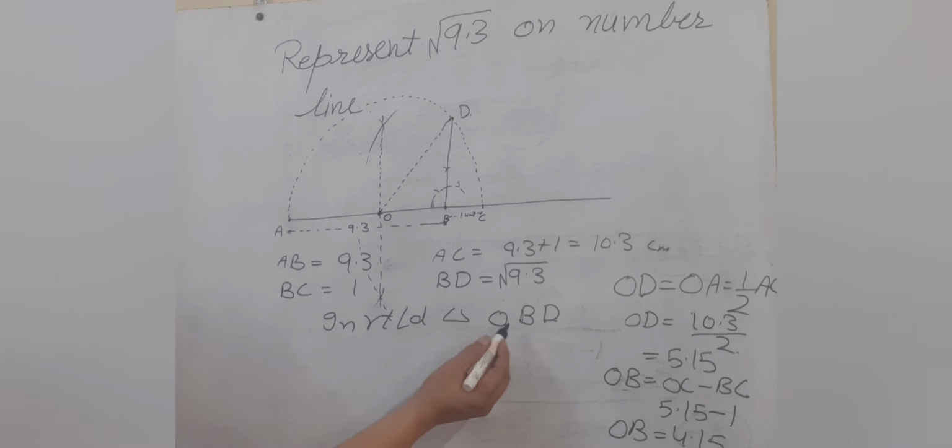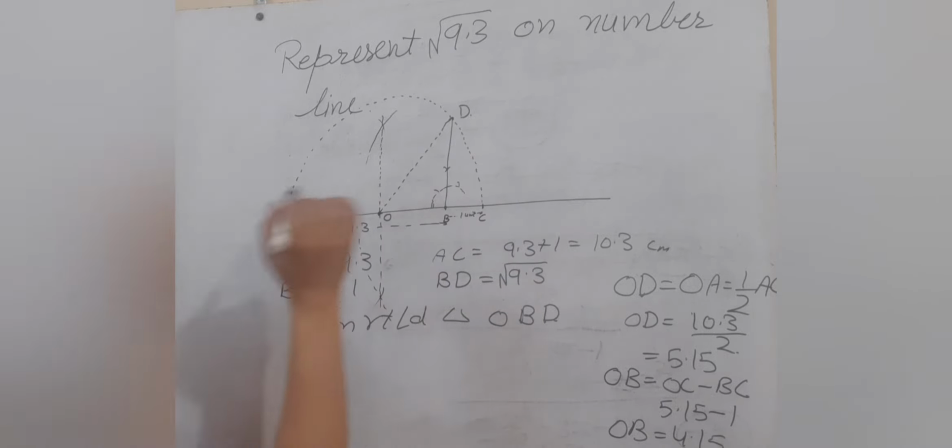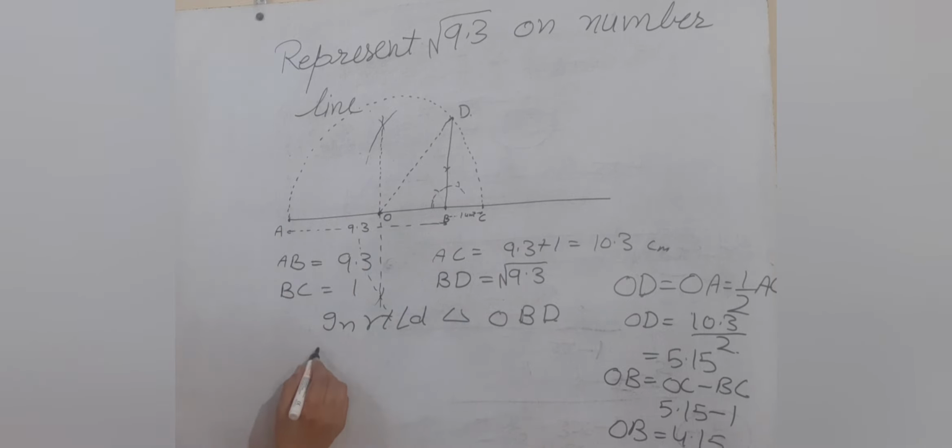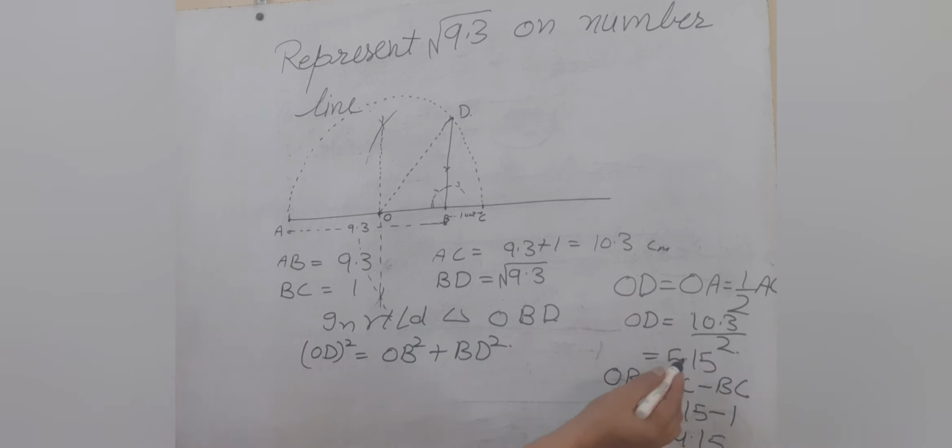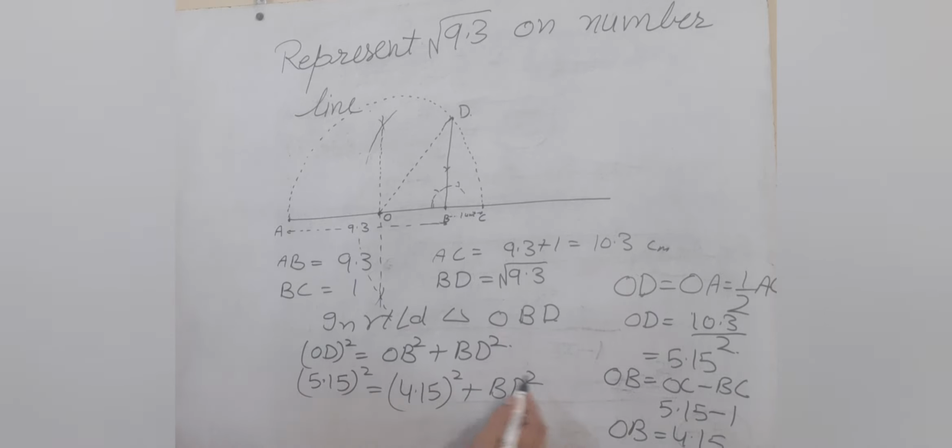Now in right angle triangle, by using the Pythagoras theorem, hypotenuse square, that is OD square is equal to OB square plus BD square. Now OD, as you know, is 5.15, so 5.15 square is equal to OB, that is 4.15 square, plus BD square.